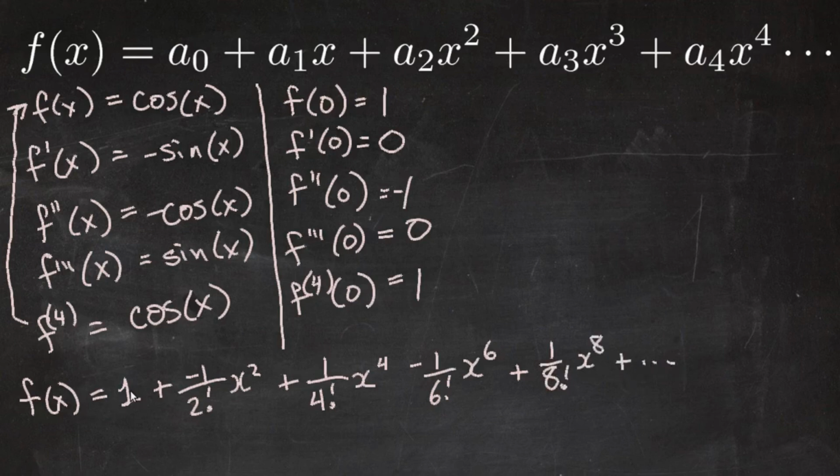So you see the pattern. This is going to be 1 minus x squared over 2 factorial plus x to the fourth over 4 factorial minus x to the sixth over 6 factorial plus x to the eighth over 8 factorial. So I've got the even numbers here, factorial in the denominator and also in the exponents, and we're going positive, negative, positive, negative, positive, etc.